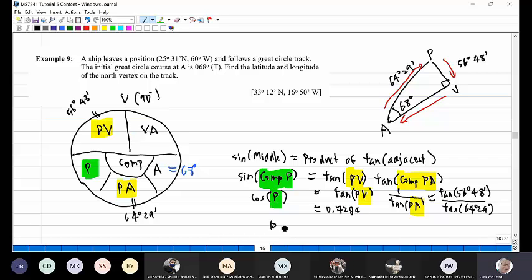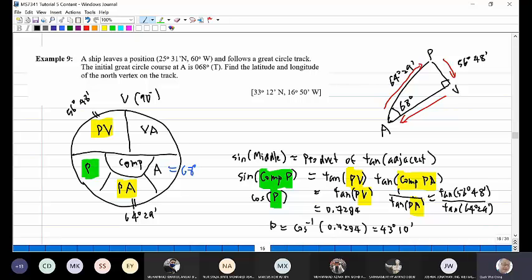So P, looking at it now, is cosine inverse of 0.7294. And it will give you the answer 43.16, which converted to degrees and minutes is 43 degrees 10 minutes.